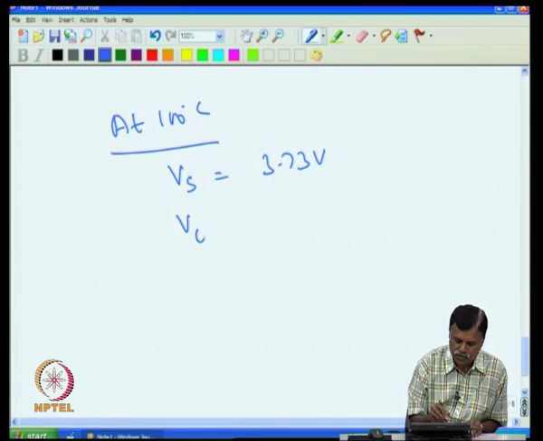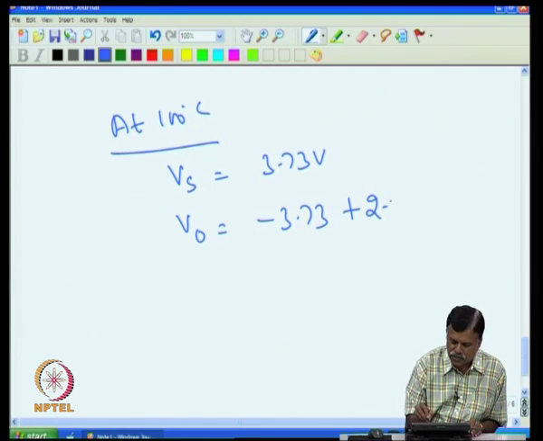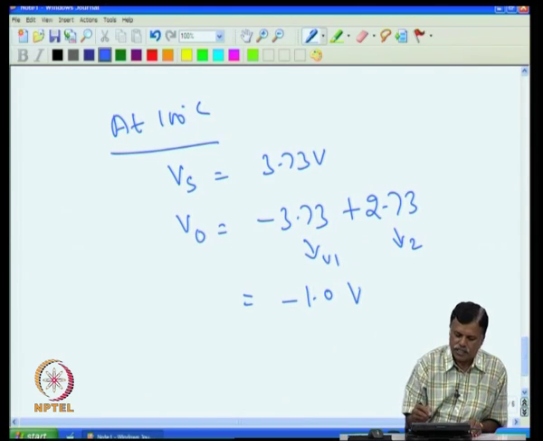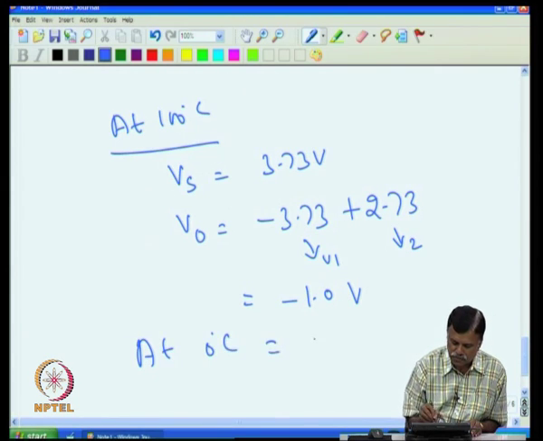So, V output will be minus 3.73, then plus 2.73 due to the V2. So, this is due to V1, this is due to V2, and the net output voltage is minus 1 volt. So, at 100 degree C it will show minus 1 volt. Right now, we need not worry about this minus sign, but it serves the purpose. That is, at 0 degree C it will give me 0 volt, at 100 degree C it will give me minus 1 volt.